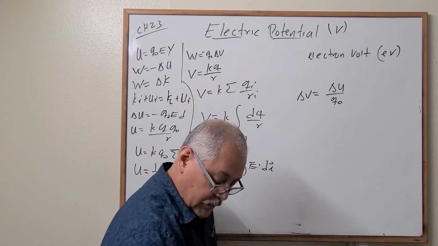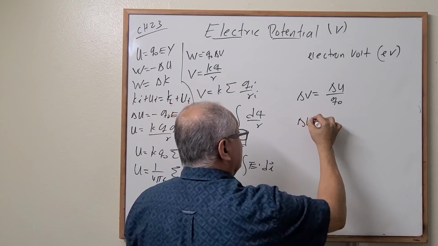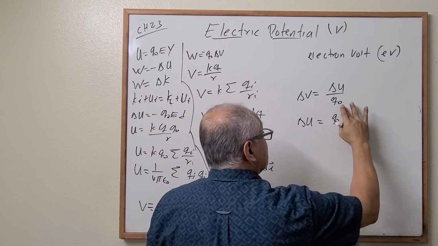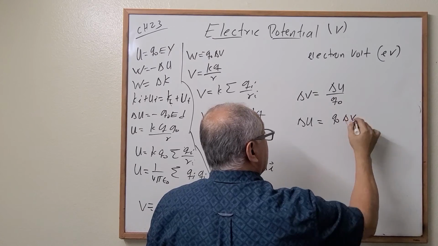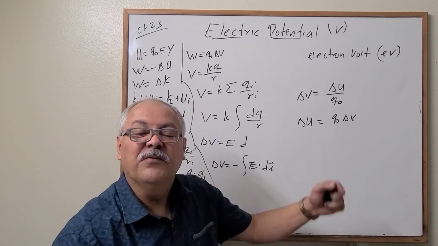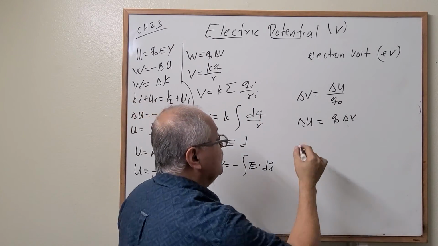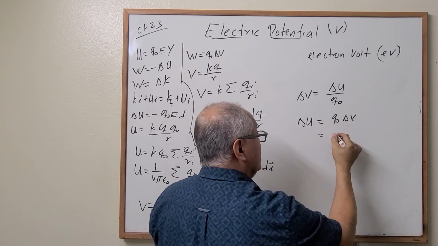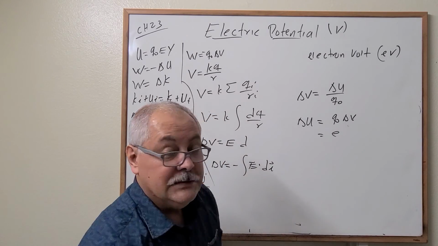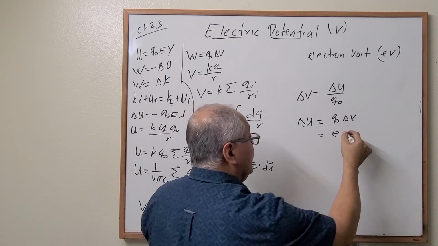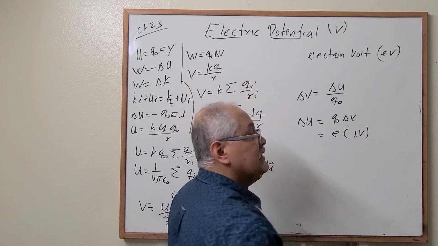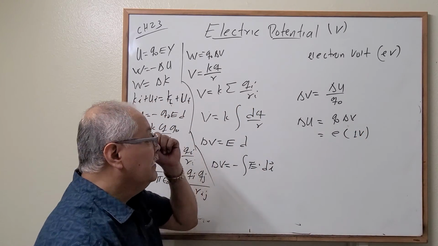From here, let's solve for the electric potential energy, which is equal to Q naught times the change in voltage, or potential difference. Now for one electron, it's going to be the charge of the electron, and when the potential difference is 1 volt, correct?